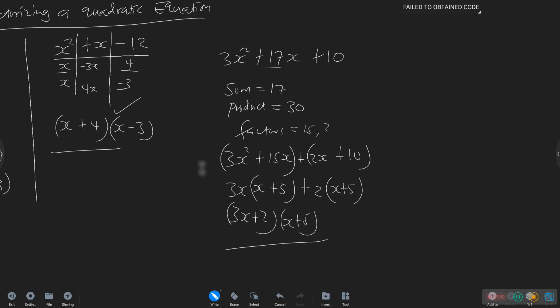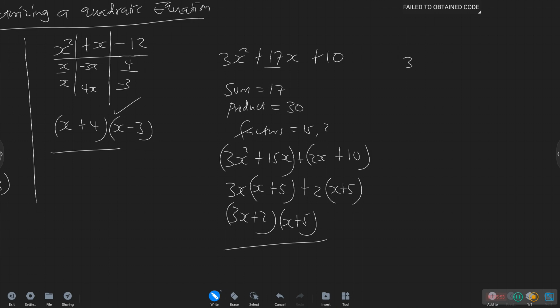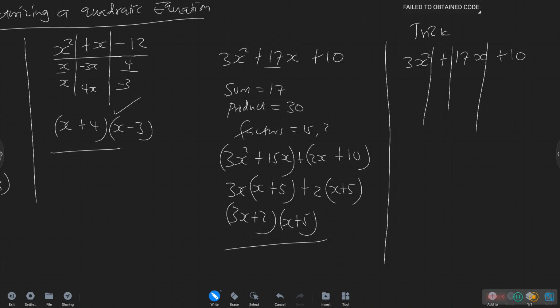Then using the trick method, it is 3x squared plus 17x plus 10. So we just divide them like that. Then you think of the numbers here, but for this one we start with the smaller.